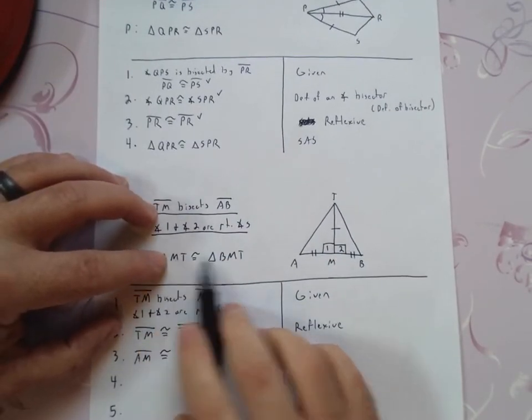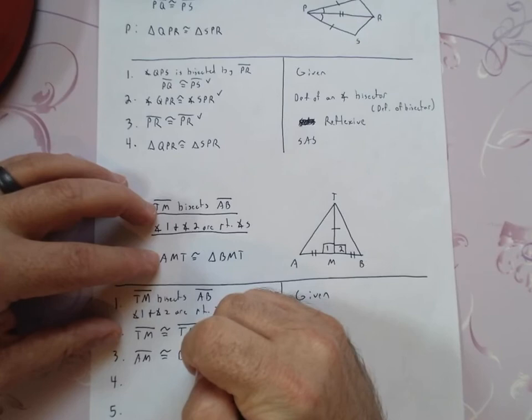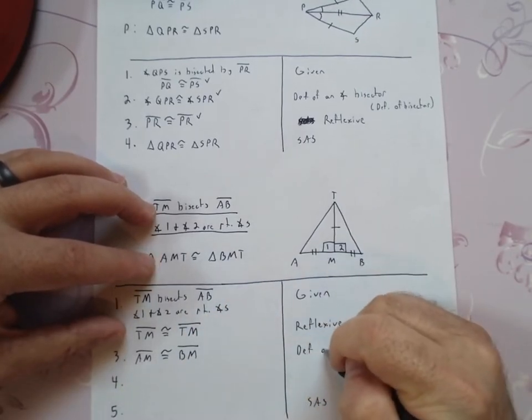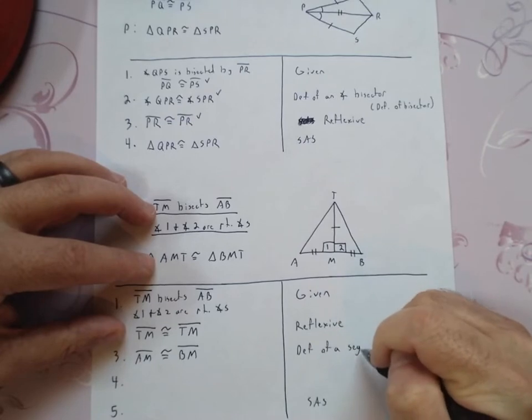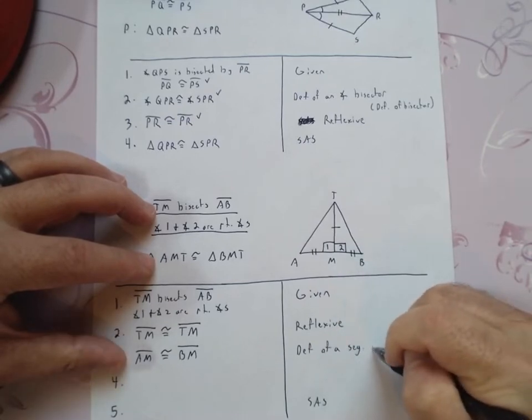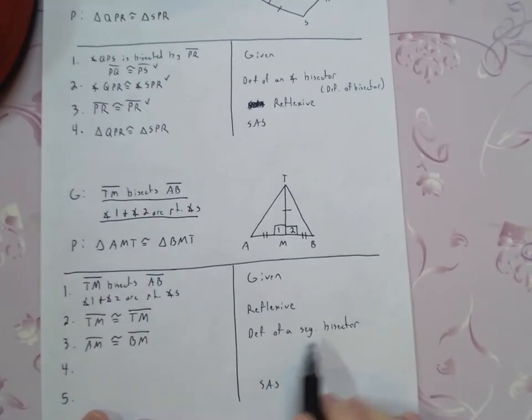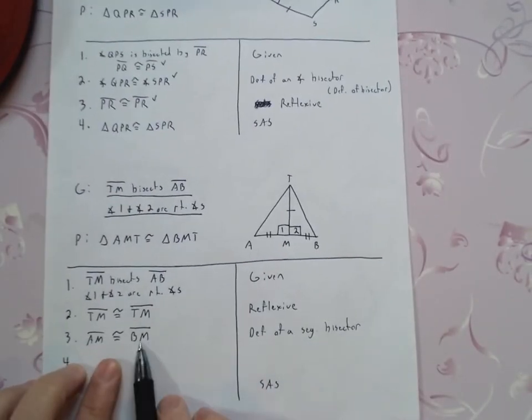A with B, M with M. So matches up with segment BM because of the definition of a segment bisector. And again, I make my students write out the word segment because it matches with what I should be writing.